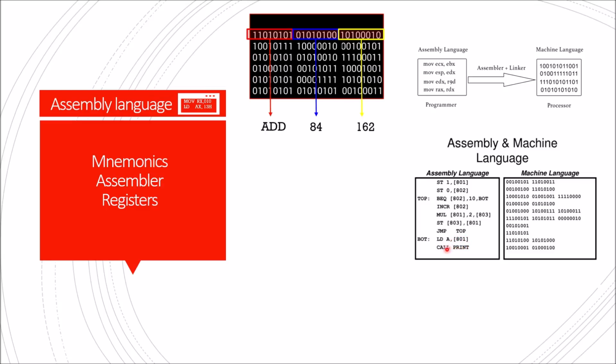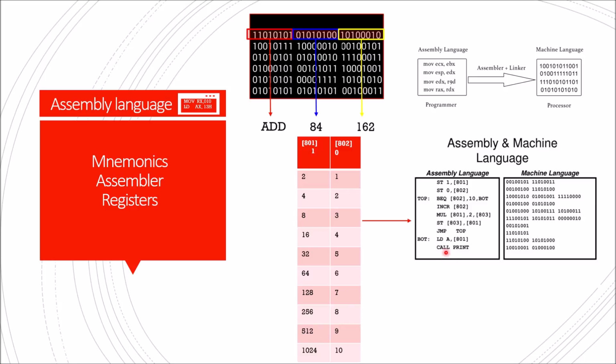Call is an instruction that calls another function, which is sometimes more complex, has much more instructions than these ones. So you basically take this result and call the function print to handle this task of outputting this result on your screen.